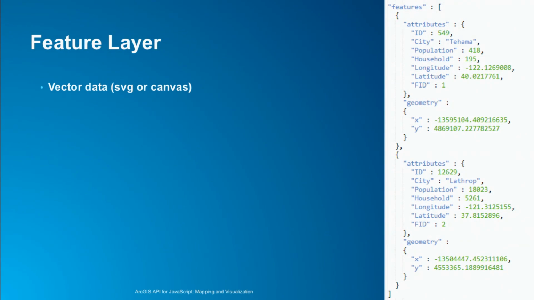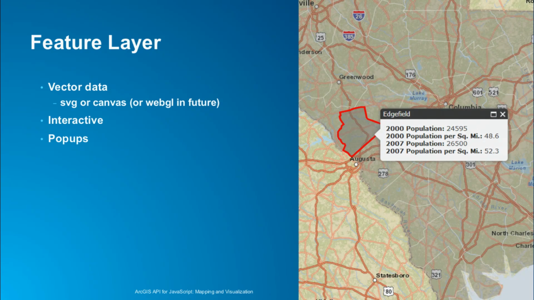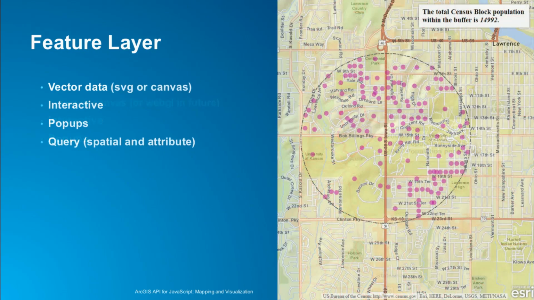Okay, feature layer. Feature layer is really the layer that works with your data. It queries the service, accesses that JSON, brings it back to the client, and draws it as vector data, either as SVG or Canvas, or as Jan showed, where we'll draw it in WebGL. It can be interactive, and of course it has pop-ups.